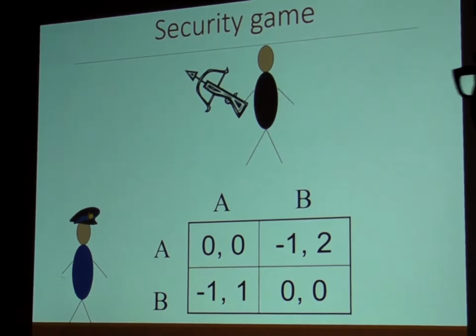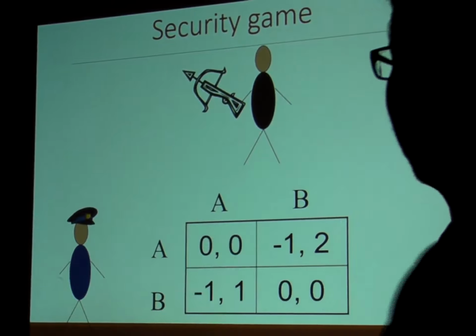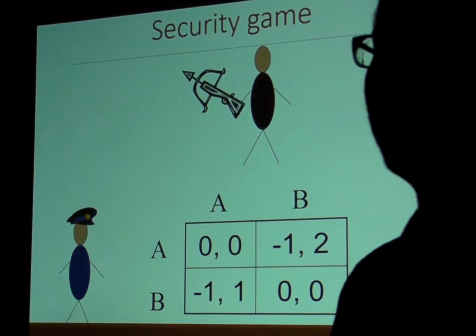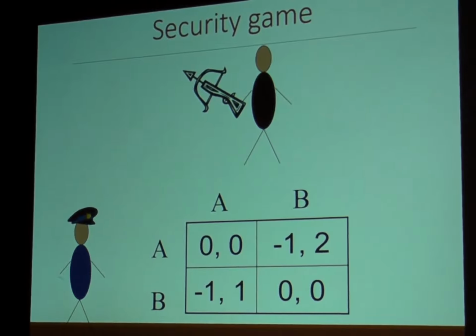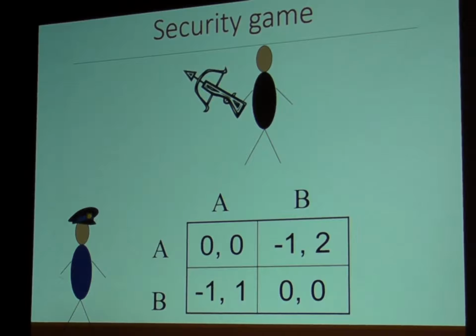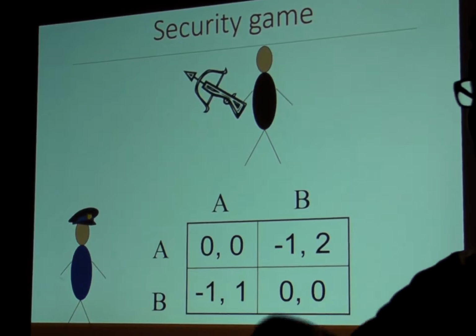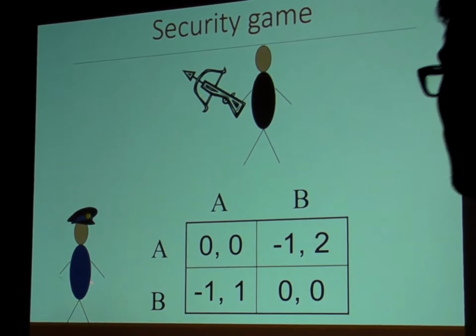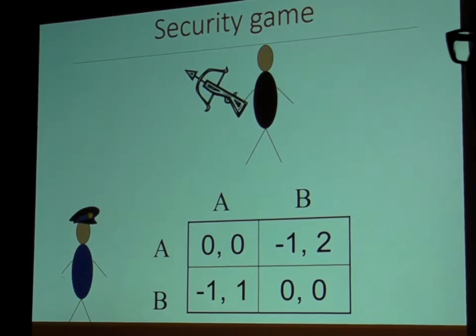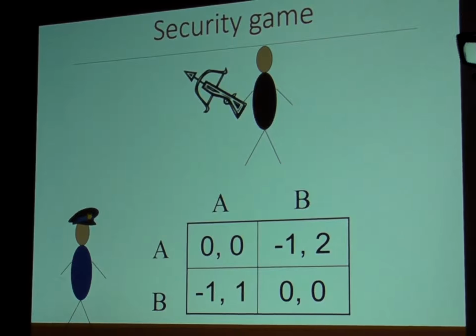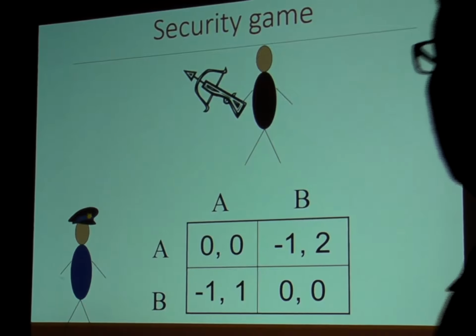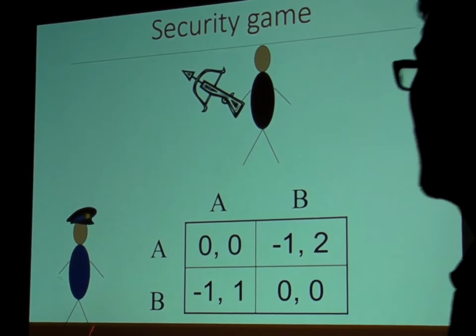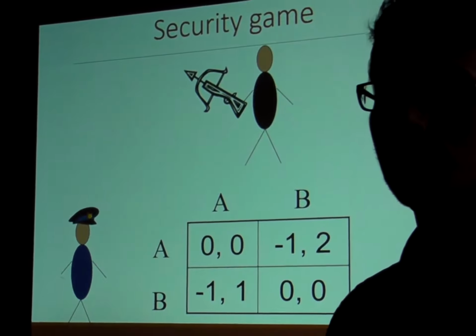I usually don't show this version because I speak to game theorists. This is a simple one-shot game where two players play simultaneously. It can be considered that I'm a policeman and I can choose whether I want to do an action A. A could be, for example, to protect Terminal 1, and B could be action to protect Terminal 2.